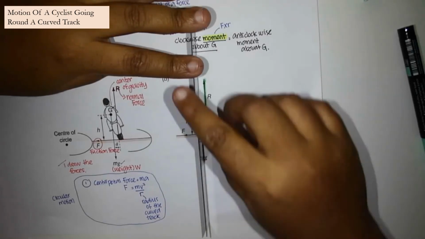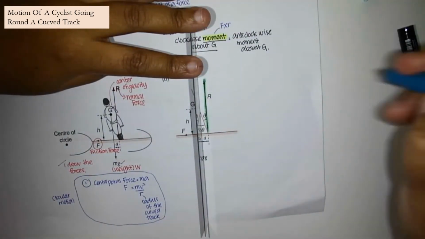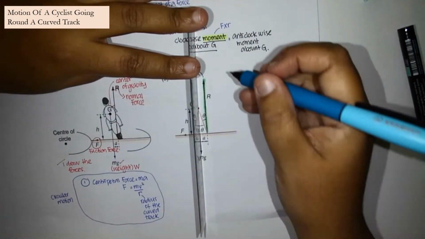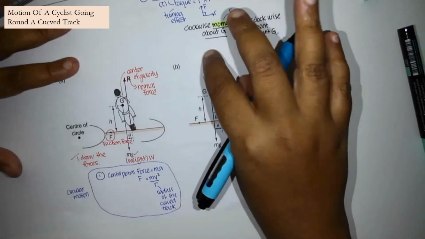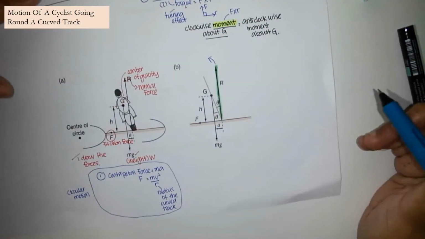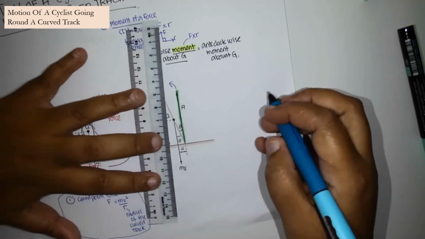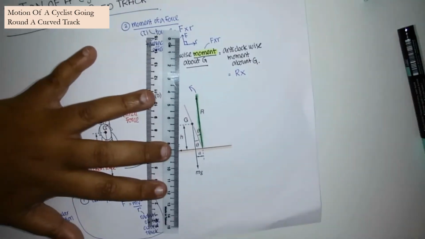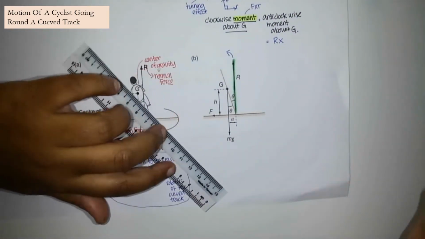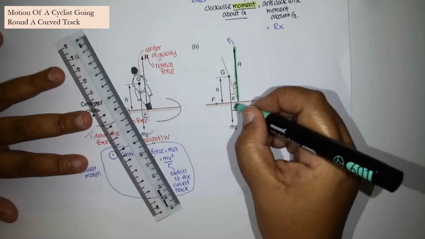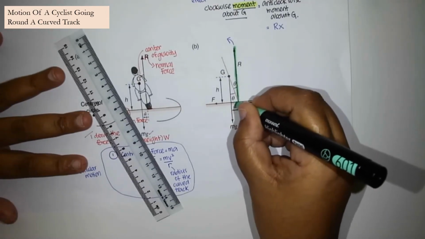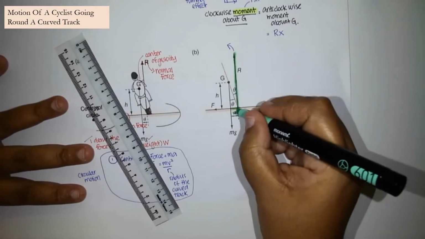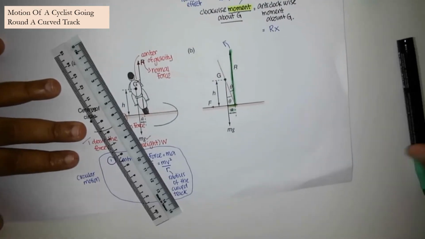Towards the moment I take about G, it will be in this direction, so it is anti-clockwise. Then F times R, the force times the distance, and the distance must be perpendicular. The distance must be from the force R to the moment about G, which is A. So R times A.